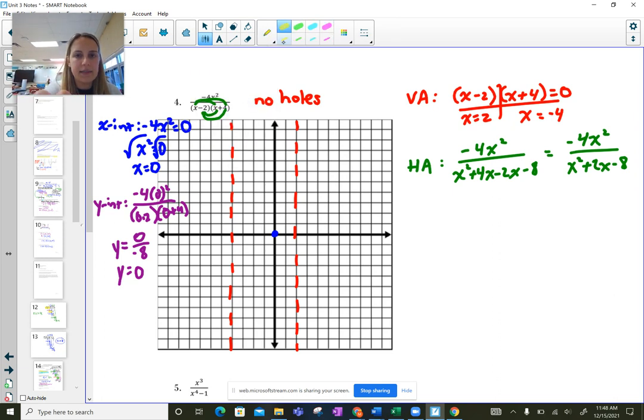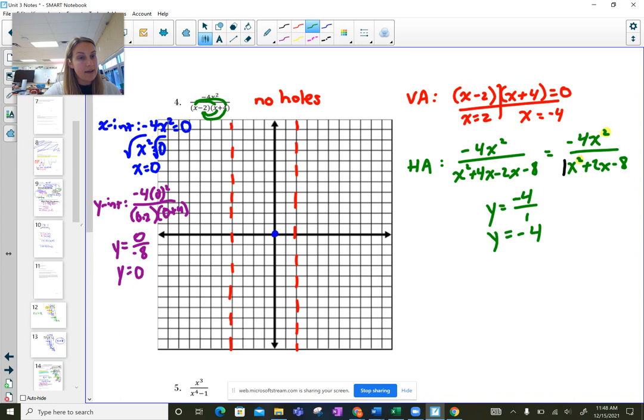For the HA, we have to compare the degrees on the top and bottom. The degree, remember, is always just the highest exponent. The degree on the top is 2. The degree on the bottom is 2. So since they're equal to each other, we take the leading coefficient of each, which for the top is -4 and for the bottom is 1, and you just divide them.